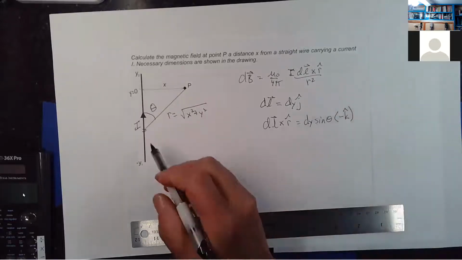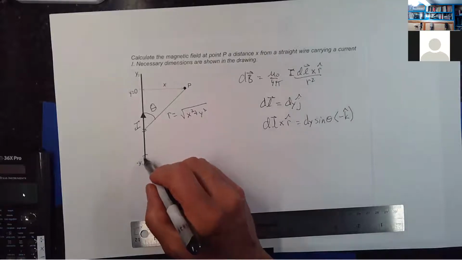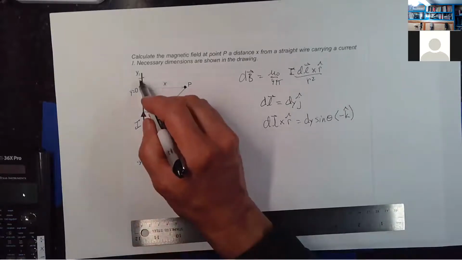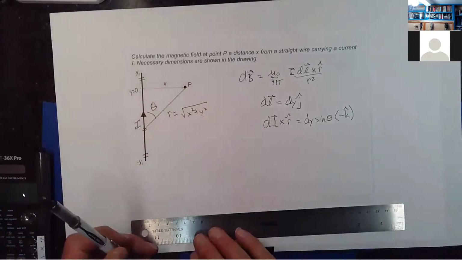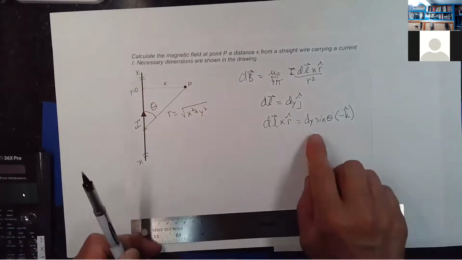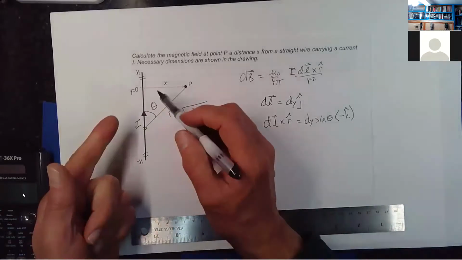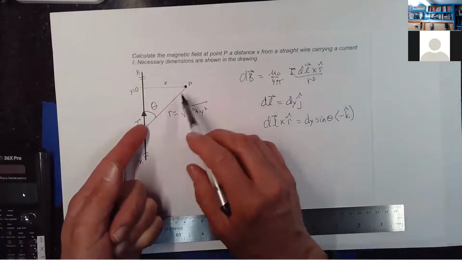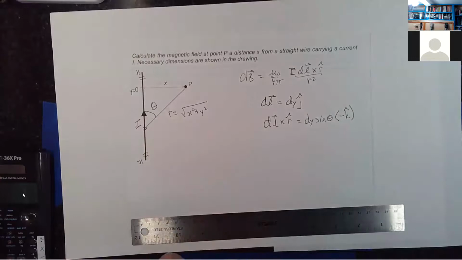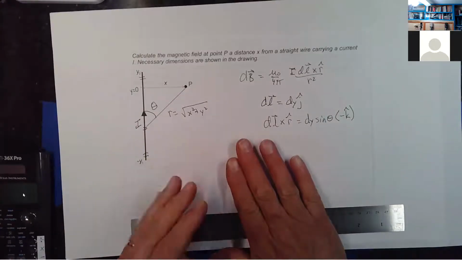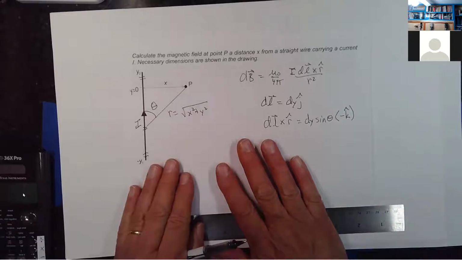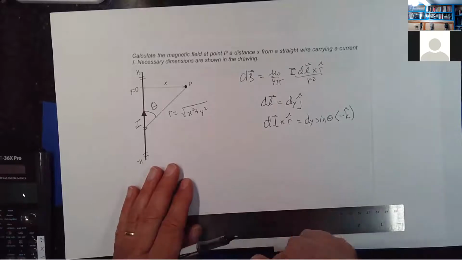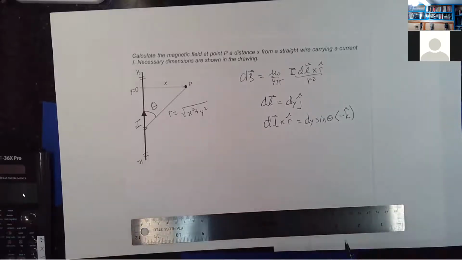It doesn't matter where you go on this wire, a little chunk dl down here or dl up here, this is going to point in the same direction, because dl will lie in this plane, and r hat will also always lie in this plane. When you take the cross product of two vectors that lie in a plane, the direction of the cross product will always be perpendicular to that plane. That's a characteristic of the cross product. All right, so we've got that so far.